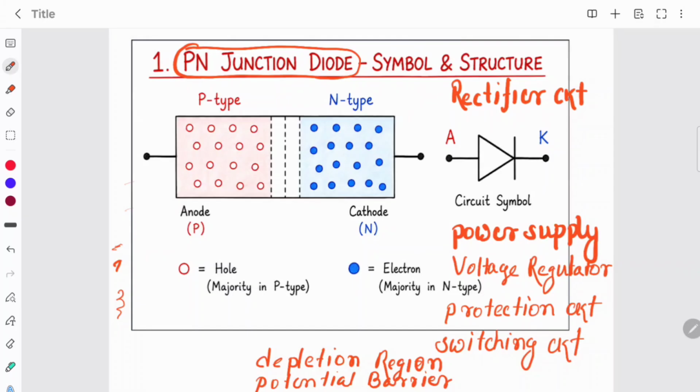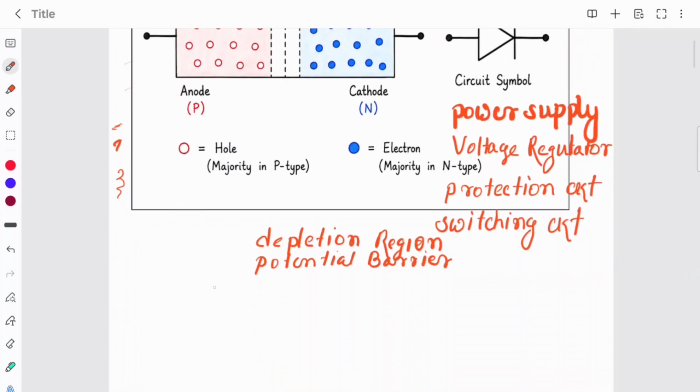And what exactly happens in the forward bias and reverse bias condition? So in this video, we'll understand the complete working of the PN junction diode from the formation of the junction to forward conduction, reverse blocking, and breakdown.